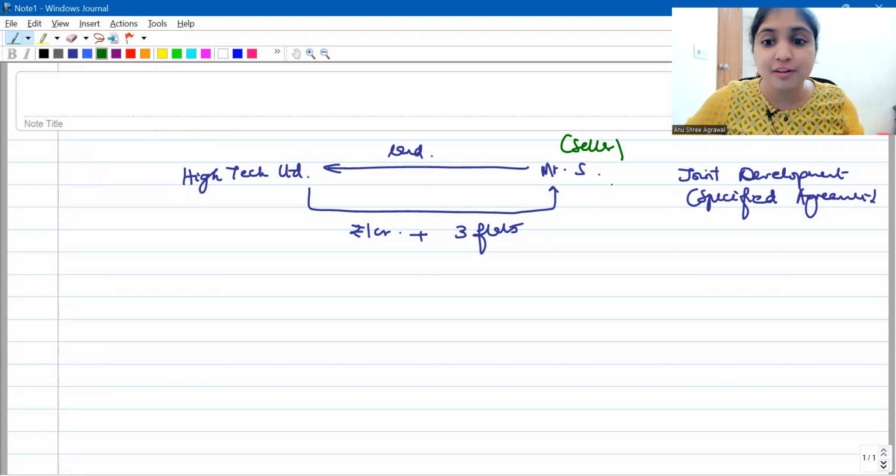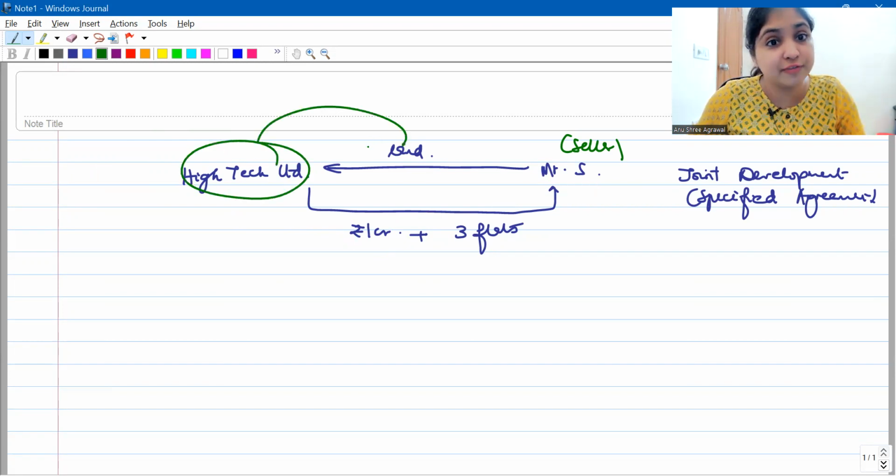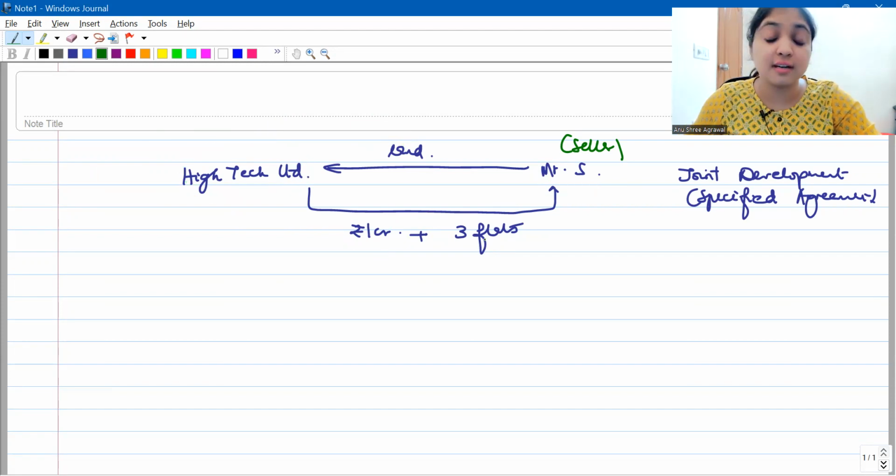Same thing has happened here. Mr. Sakshar is a seller. He has sold land to the real estate development company. Whether he's getting money consideration or not, irrelevant. That's secondary. What's more important is High-Tech Limited on this land is going to construct flats, and out of those flats, the seller, Mr. Sakshar, is getting a share. He is getting 3 flats. This is a joint development agreement.